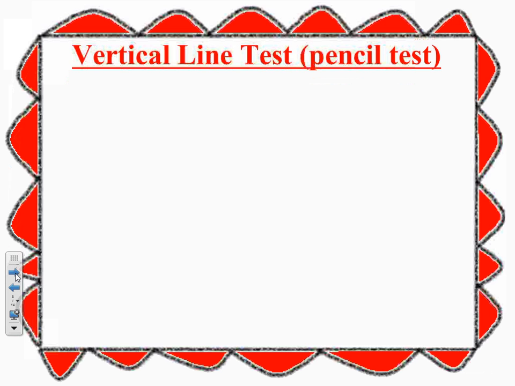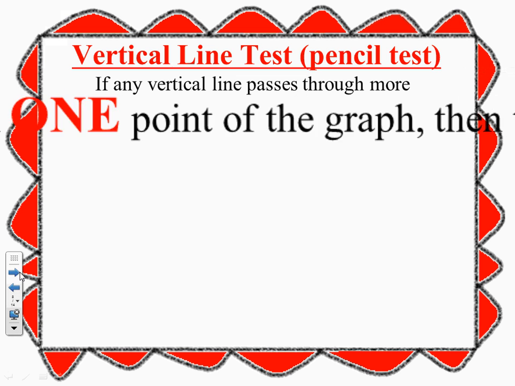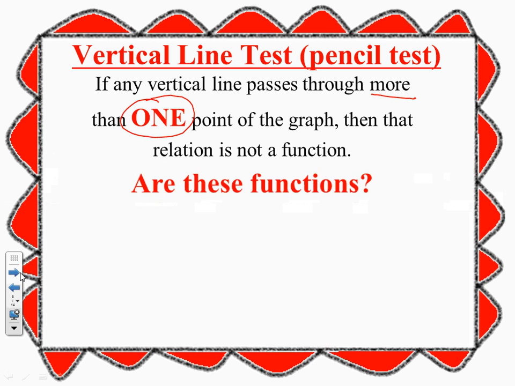Okay, now what happens when you have a graph? Then you got to do the vertical line test, okay? If any vertical line passes through more than one point of the graph, then that relation is not a function. And yes, because it's passing through more than one point, which means x's repeat. I'm going to show you what I mean by that.